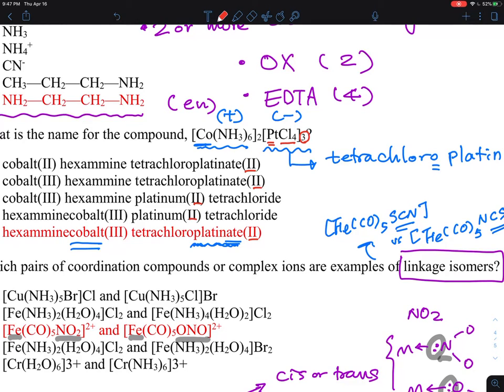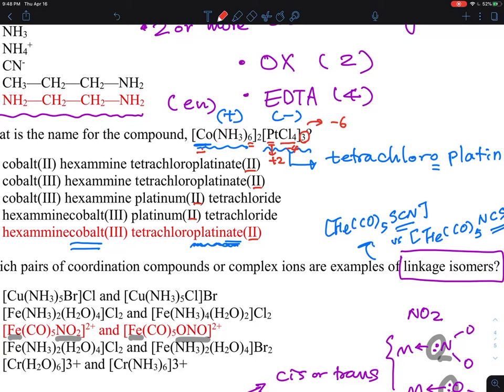I can solve this problem, but I will just say that this is +2, that's -4, so it makes -2. So the whole charge here is -6, and so on. So that makes it 6 charges, and then you need two of them.